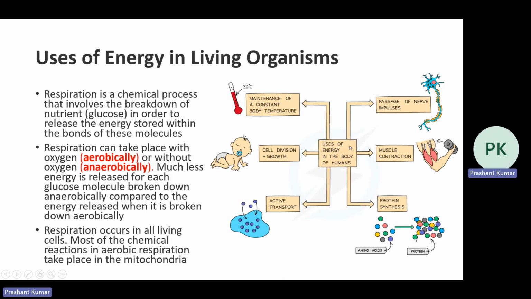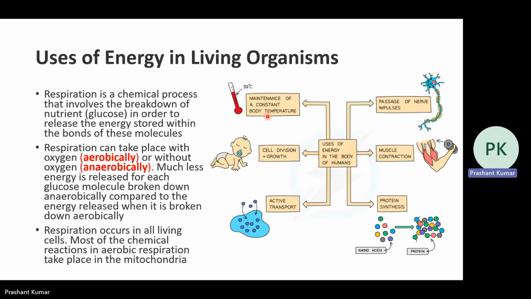You can see here on the right side pictures are given and some terminologies are given. The use of energy in muscle contraction, passage of nerve impulse, so the neural conduction is also going on. That is the energy supplied by the respiration, cell growth and division, active transport in the cell, protein synthesis in the body, and maintaining the constant body temperature.